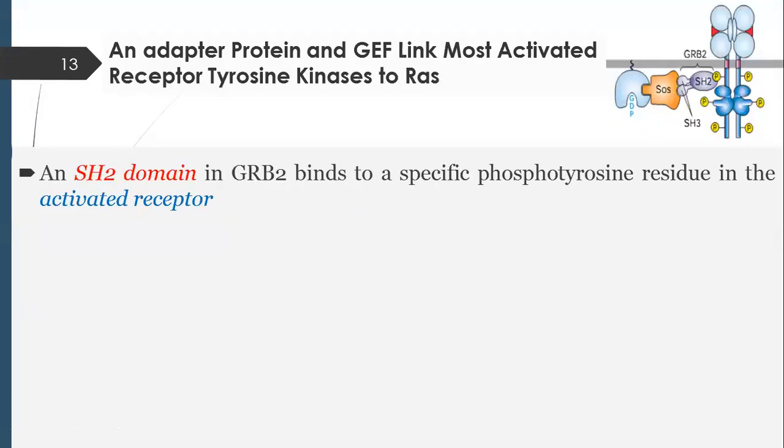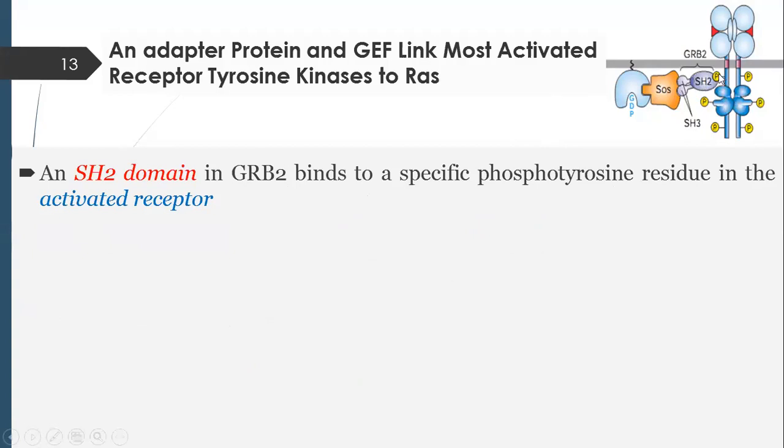So after that, if we look at this, actually the receptor with an adapter with a GEF with a RAS protein. The SH2 domain in GRB2 binds to a specific phosphotyrosine residue in the activated receptor.